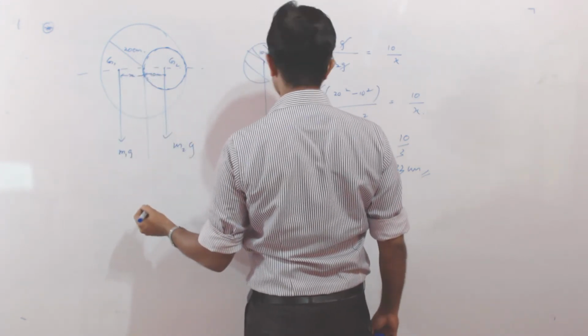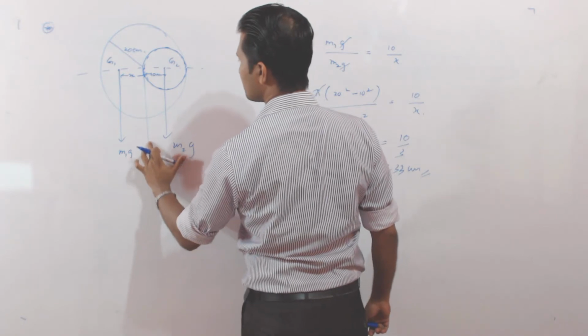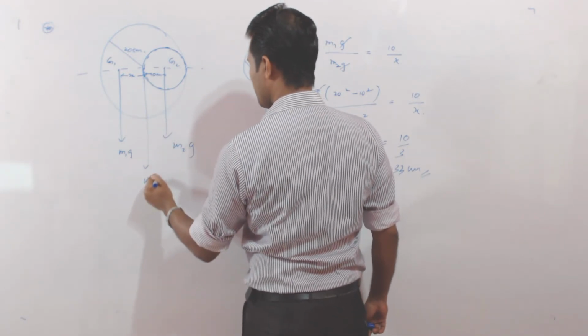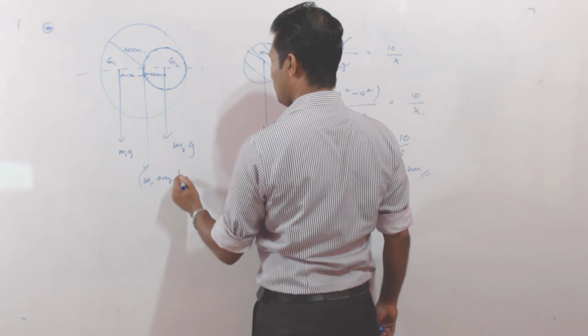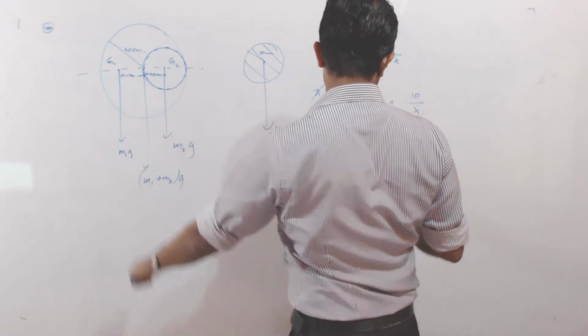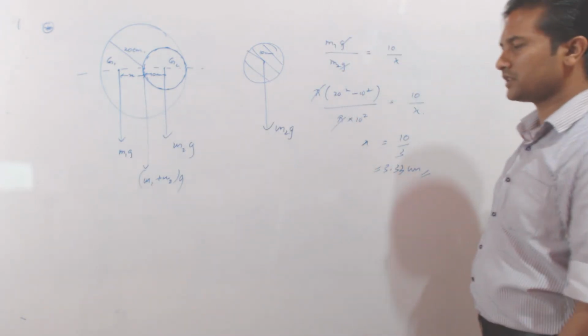So this is m1 plus m2, and we can conclude the x value is 3.33 centimeters.